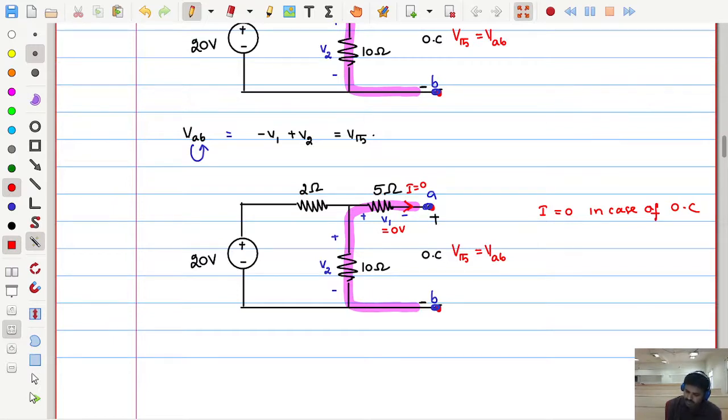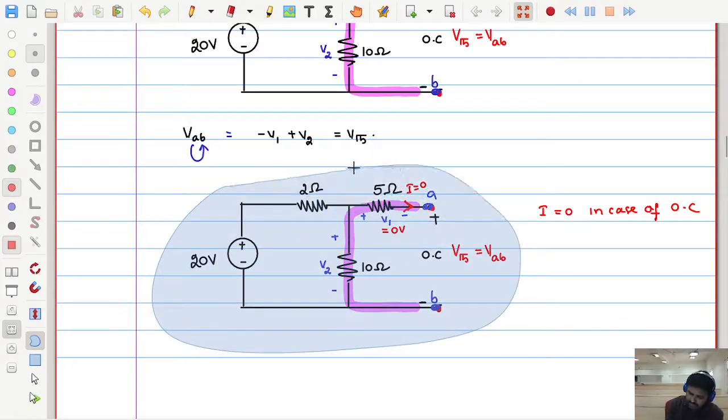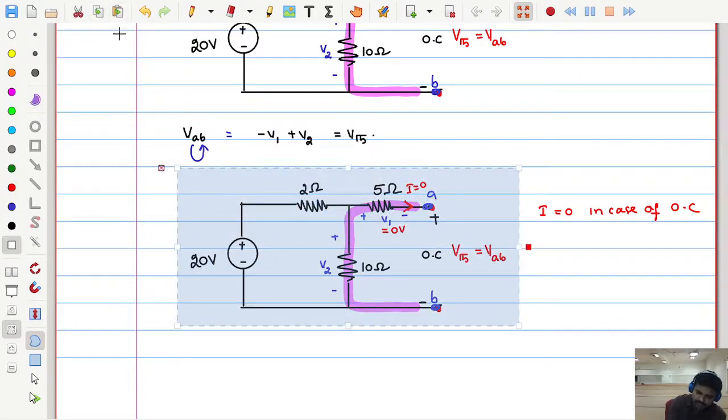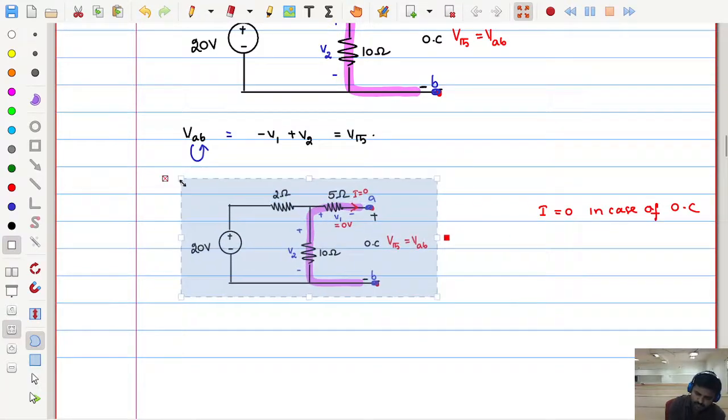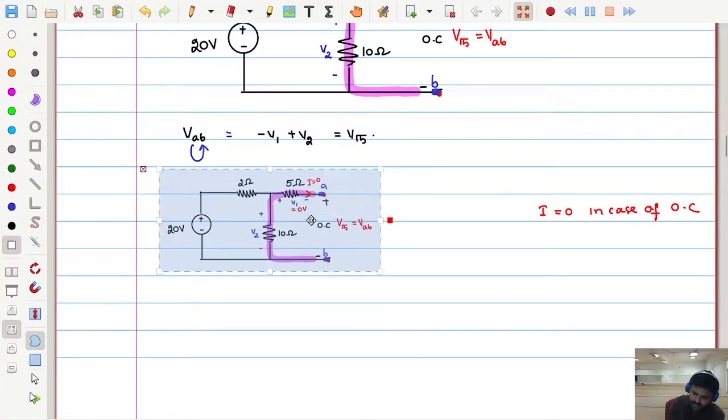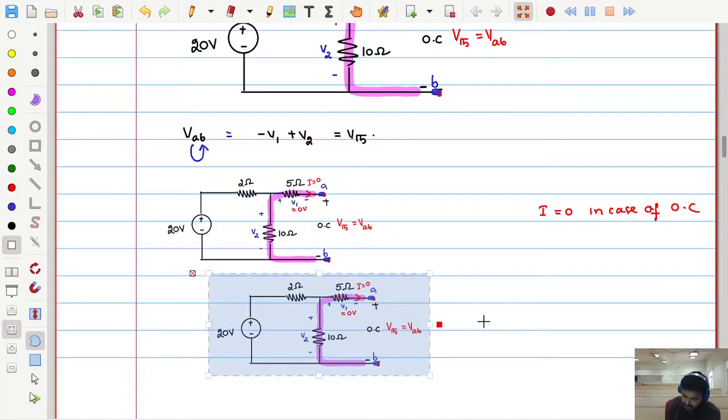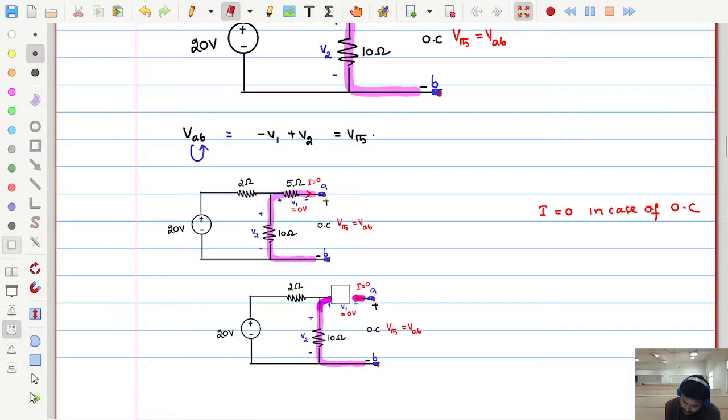Clear? Now if this branch is not taking any current and any voltage, as both are 0, for the time being we can make our circuit a little simpler in this way. Now can I remove this portion?